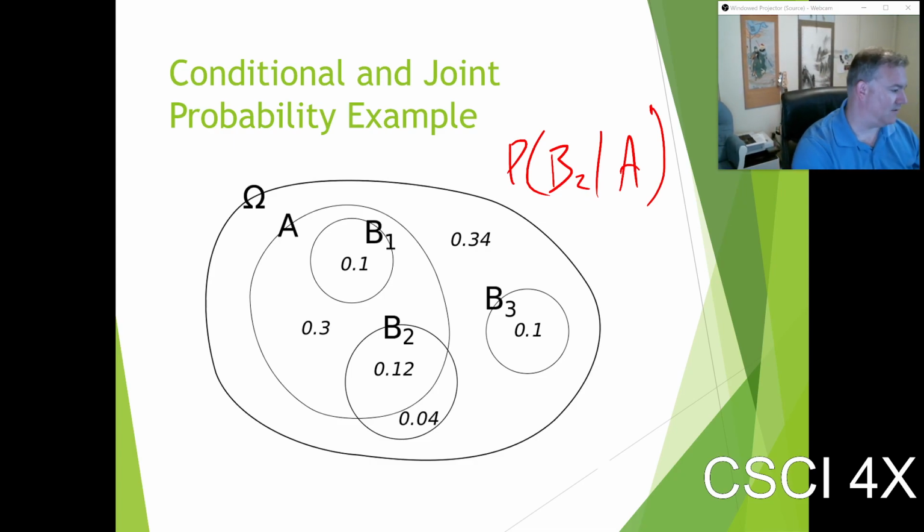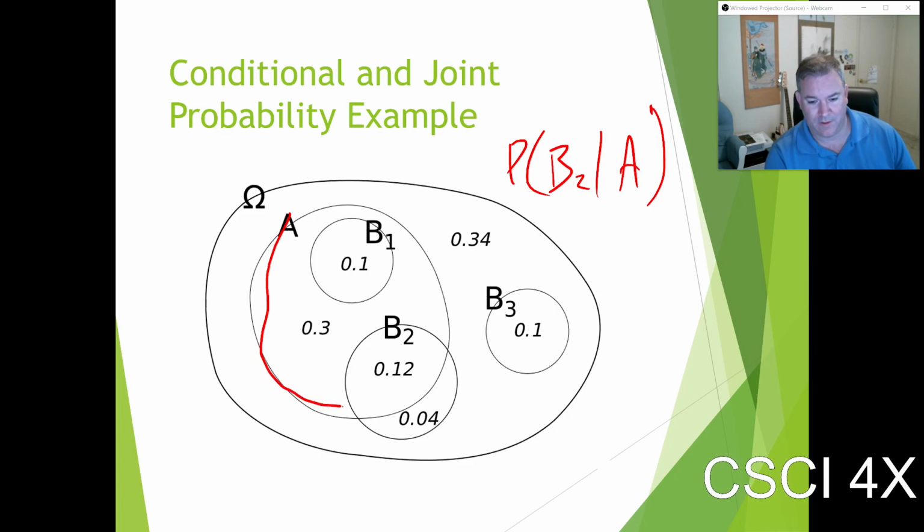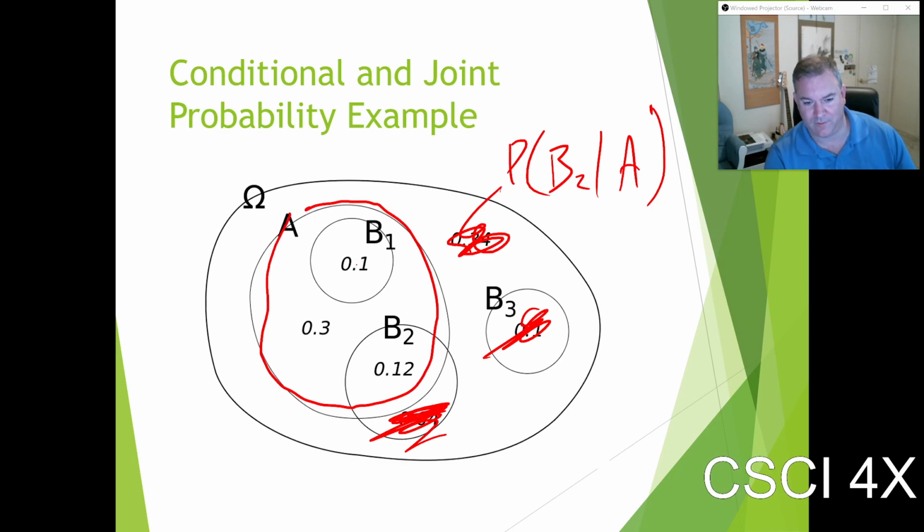Let's see what you guys got. All right. Got different answers. Good. Means it gets to be a learning experience. Okay, the probability of B2 given A means if we know that A is true, then essentially we know that none of these could have happened. So our field of outcomes is 0.4, 0.52, and B2 represents 12 out of that 0.52.